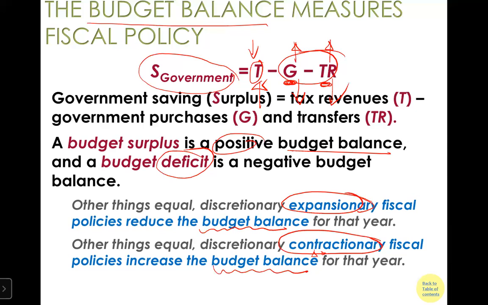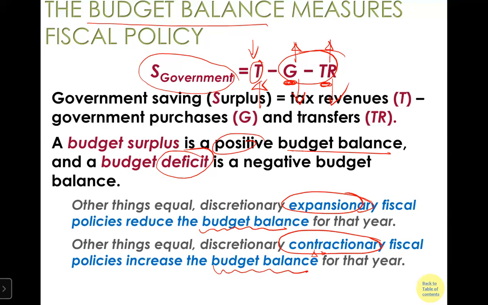And then think about when the government wants to have an expansionary fiscal policy and when the government may carry out contractionary fiscal policy. Typically, the government has an expansionary fiscal policy when the economy is in recession. On the other hand, they may carry out contractionary fiscal policy when we are in expansion.